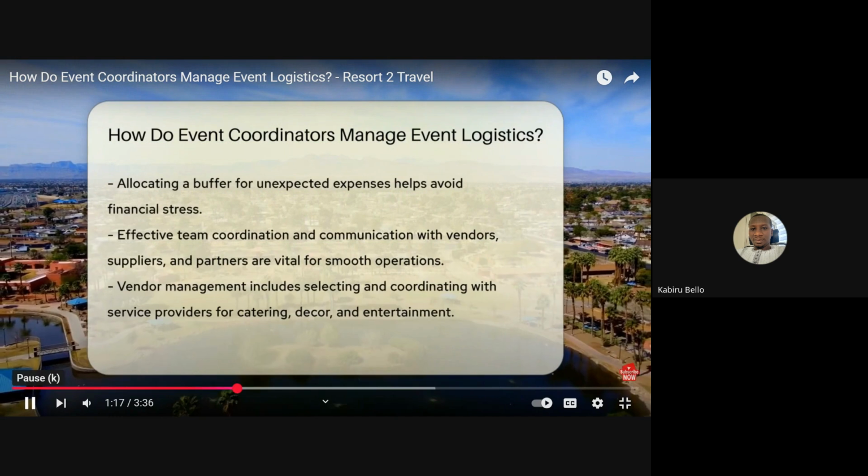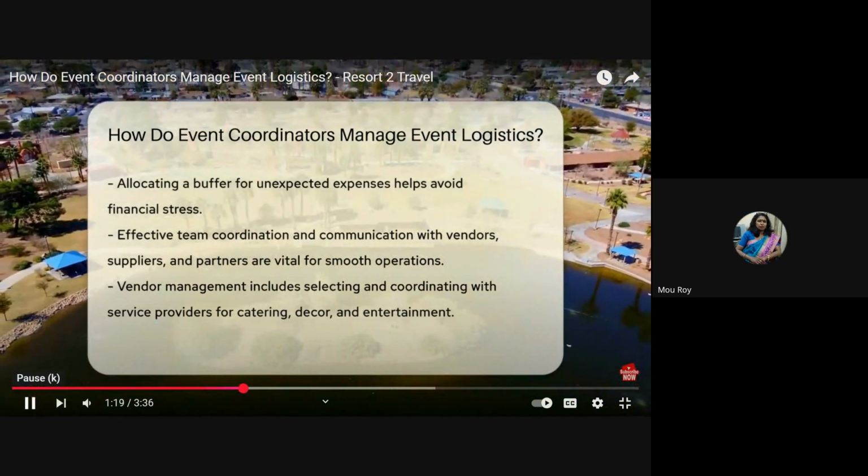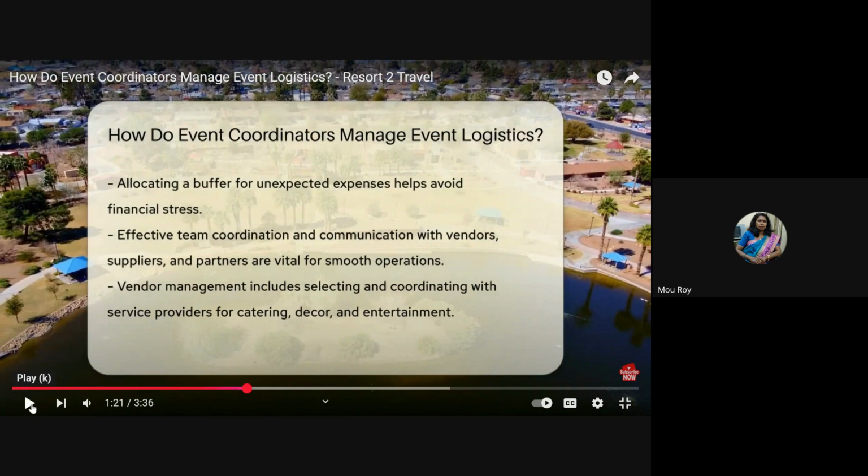Team coordination and communication are vital. Event coordinators work closely with various teams, including vendors, suppliers, and event partners. When you organize this type of event, you have to have proper coordination among all your team workers, because this is not an individual's performance. This is teamwork. So you should have proper coordination and communication with the vendors, with the suppliers and partners for smooth and efficient operations.